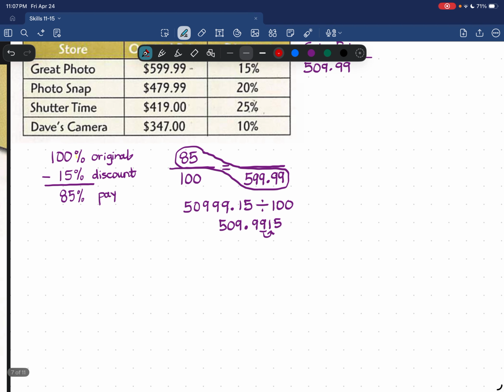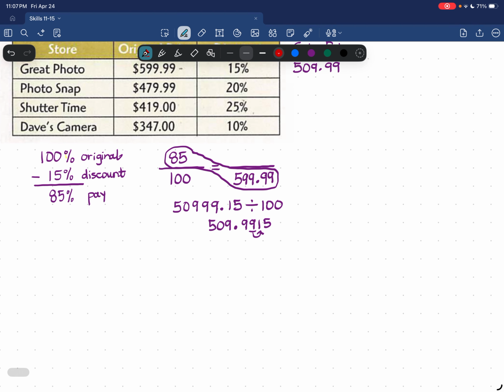So let's do the same for Photo Snap. 100%, we get a 20% discount. So that means we would pay 80% of the original price. So set up a proportion. We know 100 is built in. We're saving 80% or paying 80%. And the original is $479.99, or almost $480.